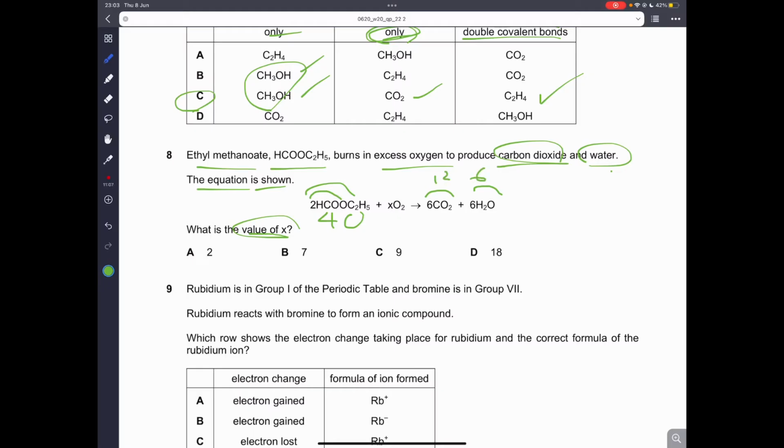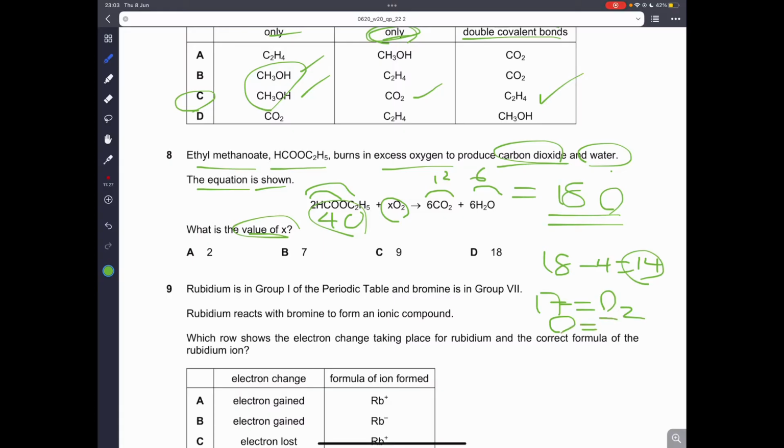This gives us 18 oxygen on the right hand side. So we want to find the number of oxygen molecules. There are 4 oxygen, so we just have to minus it. 18 minus 4 is equal to 14, and because this 14 is O2, one oxygen molecule is going to become 7. So X has to be 7, and therefore B is the correct answer.